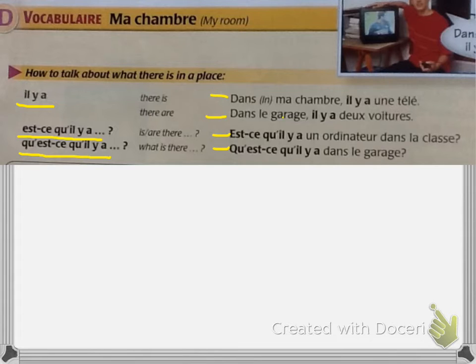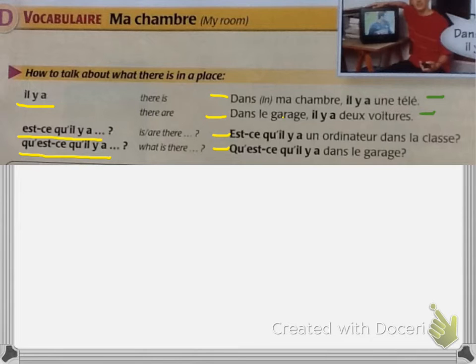So if we take a look at those sentences and questions that you just repeated after me, that top one, dans ma chambre il y a une télé, what is that saying? In my room, there is a television. How about the next one? Dans le garage, il y a 2 voitures.